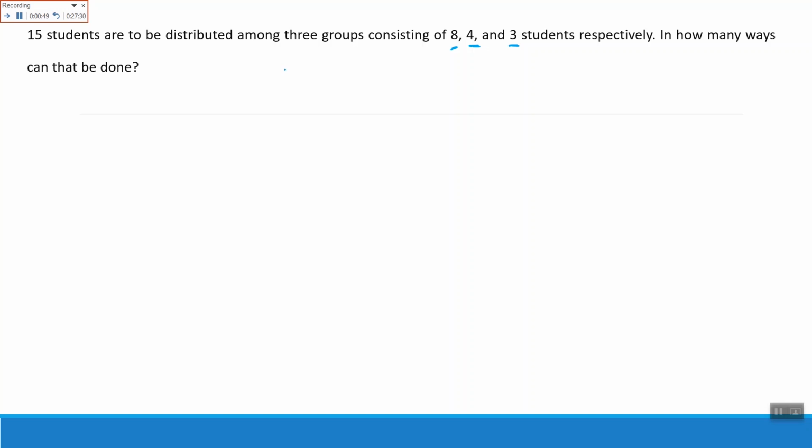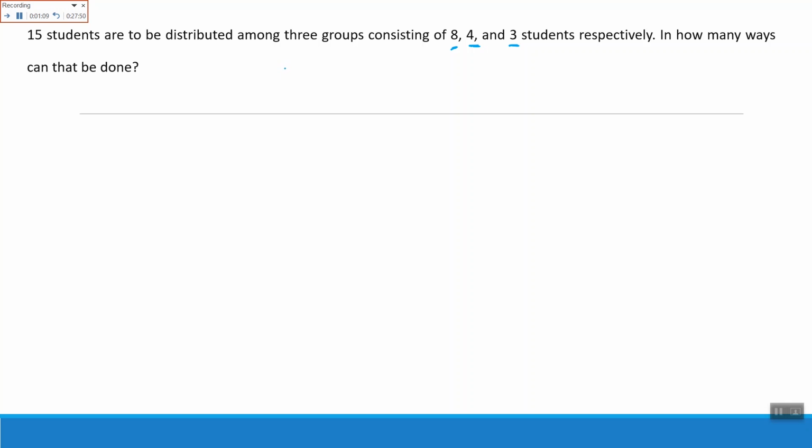But if he is the first one to be selected, or the second, or the third, or the fourth, or the fifth, or the sixth, up to the eighth, it doesn't matter, because they are all in the same group. It matters if we select him after the eighth, because he is going to be in a different group.